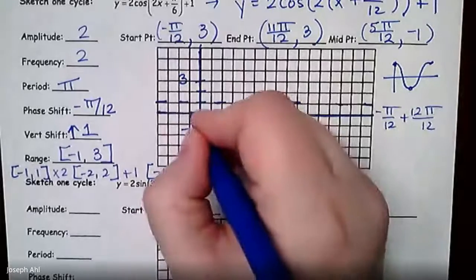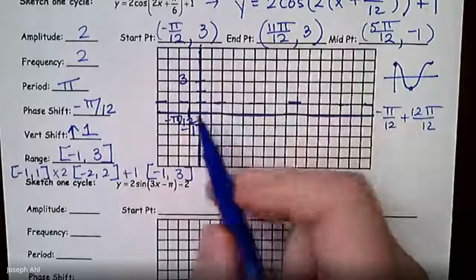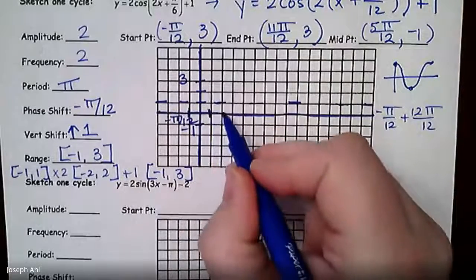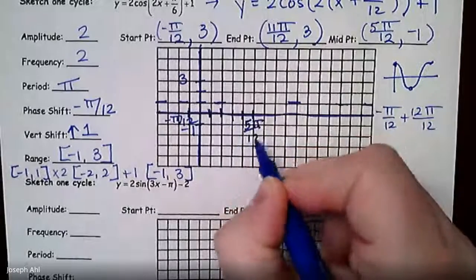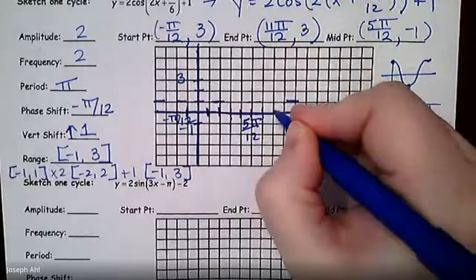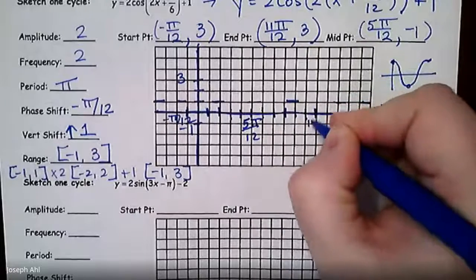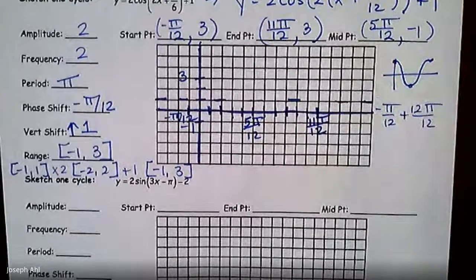Okay, this space right here, I'm going to call that negative pi over 12. So if I go 1 space to the left, so this is positive 1 pi over 12, 2, 3, 4, here's 5 pi over 12, 6, 7, 8, 9, 10. I have to end at 11 pi over 12.